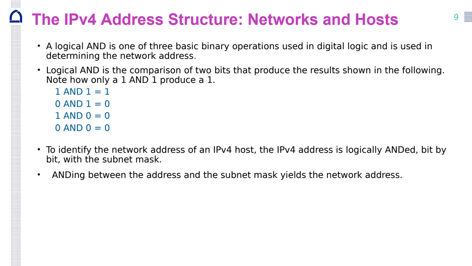Taking the logic from math, if you do 1 and 1 is 1, 1 and 0 is 0, 0 and 0 is 0, only 1 and 1 is 1, which is like multiplication. Okay, ANDing means multiplying. So the only time you get 1 is if you have 1 and 1. Okay?